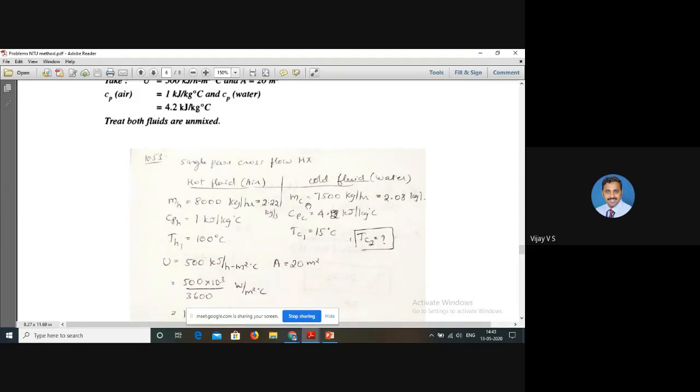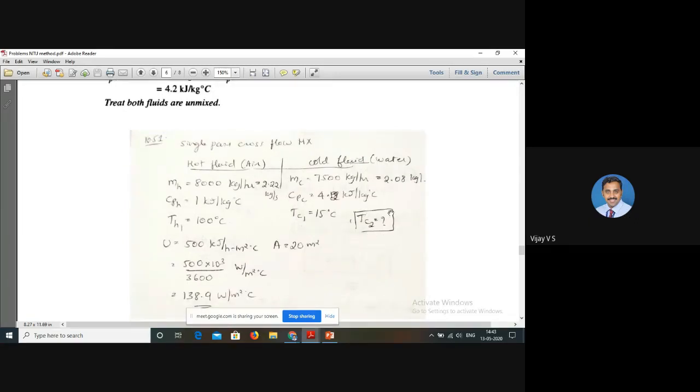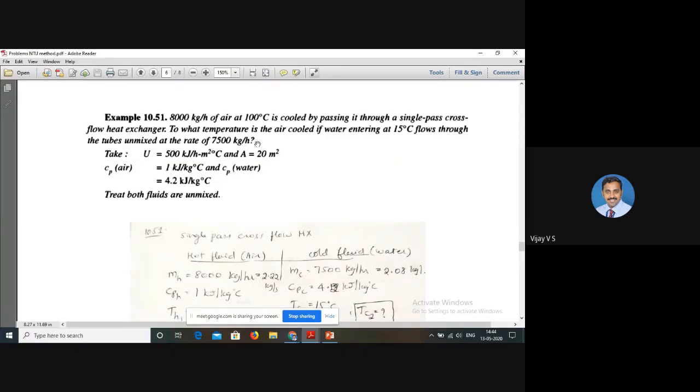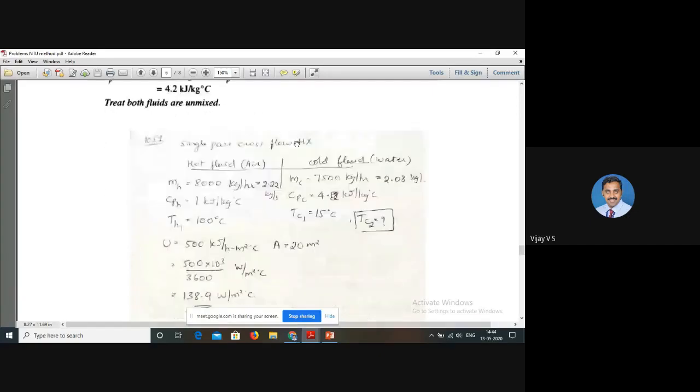For the cold fluid, mass flow rate is given as 7,500 kg per hour, so if I divide by 3,600, I will get 2.08 kg per second. Specific heat is given. Temperature at inlet is given. I don't know the outlet temperature. This is what I have to find out. So the question they are asking is to find the outlet temperature of air.